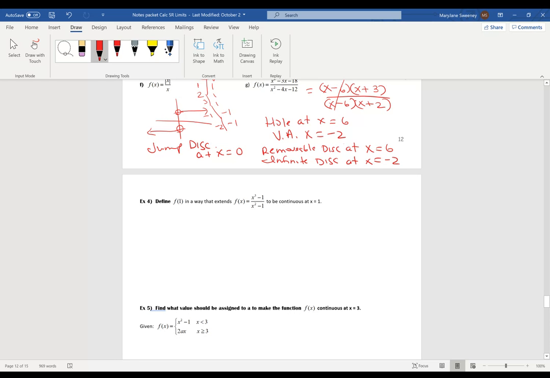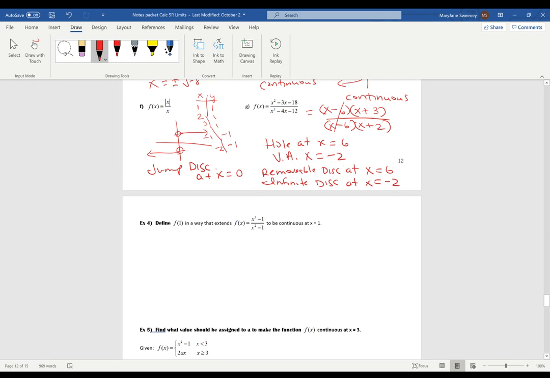Okay, they say define f of 1 in a way that extends that function to be continuous at x equals 1. All right, well then f of 1, in order to be continuous, it would have to equal the limit of f of x as x approaches 1.